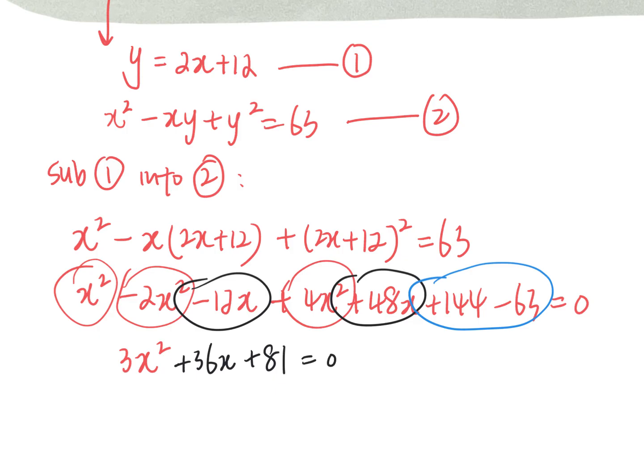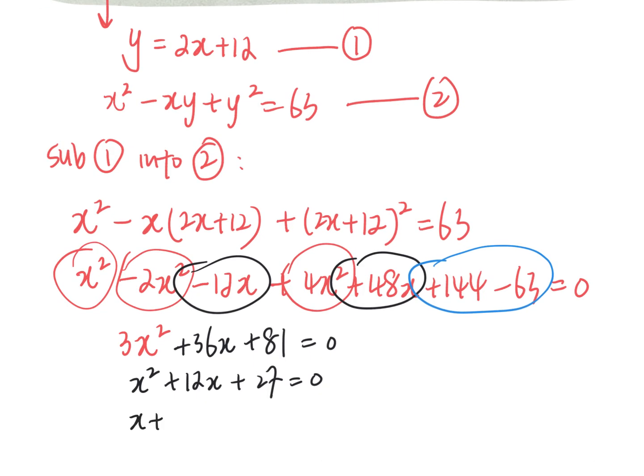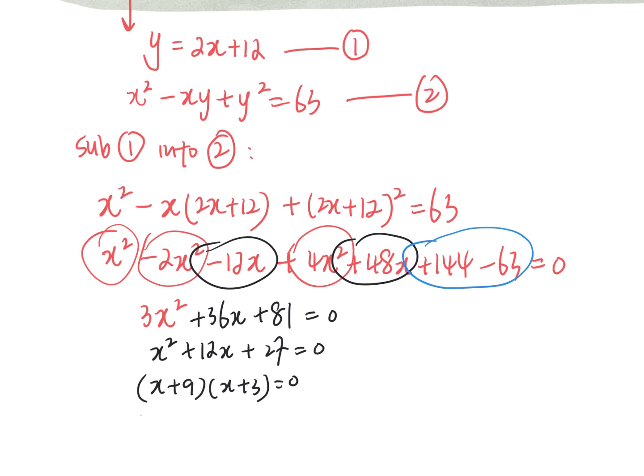Okay, so from there, I think you can divide by 3 throughout so that your numbers are smaller. But if you don't want, it's also fine. Okay, and then you can start solving it. I think it's a 9 and a 3. So 2 answers. One is minus 9. The other one is negative 3.